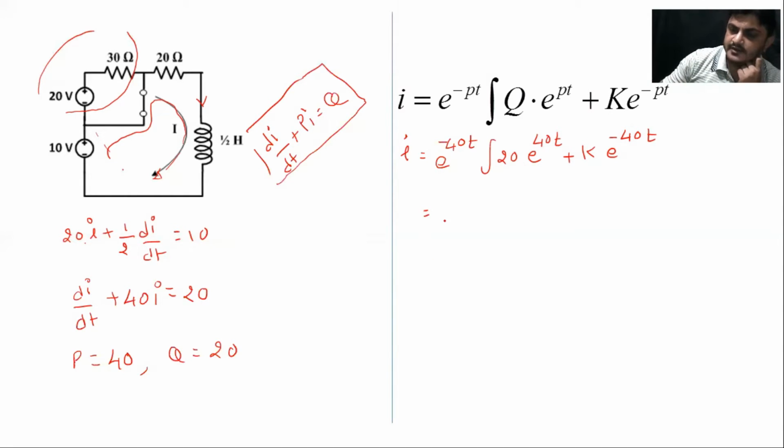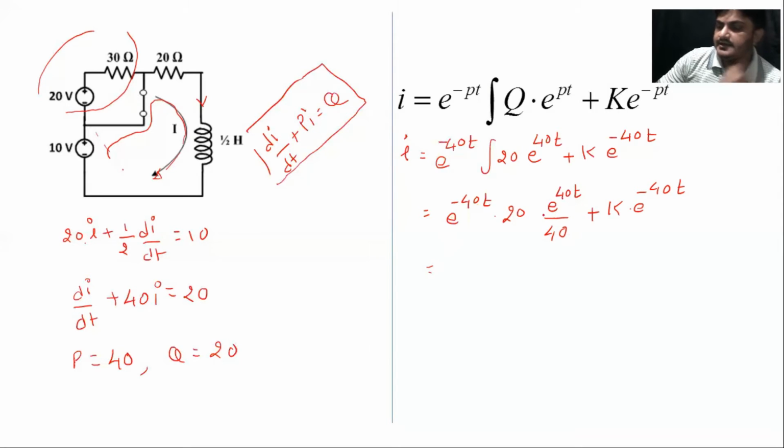Let us further simplify this. This is e^(-40t). 20 is a constant, so take it out of the integration. Now the integration of e^(40t) gives e^(40t), this being the integration of e^x, and we integrate the power too, so you divide by 40, plus K e^(-40t). Now e^(-40t) and e^(40t) multiply to give 1, and 20 divided by 40 is 1/2.